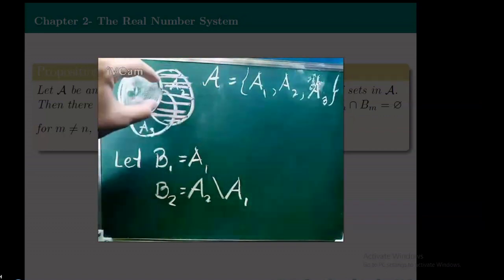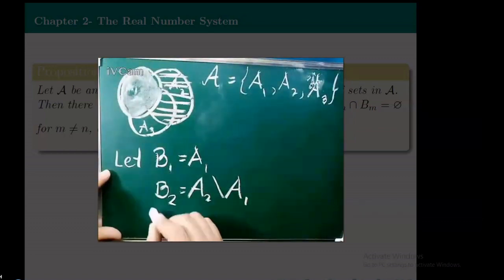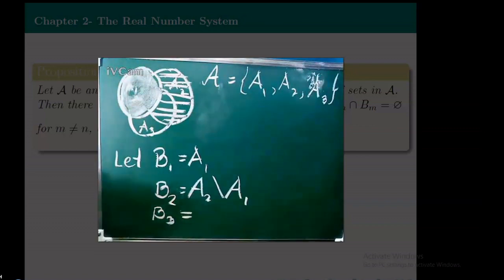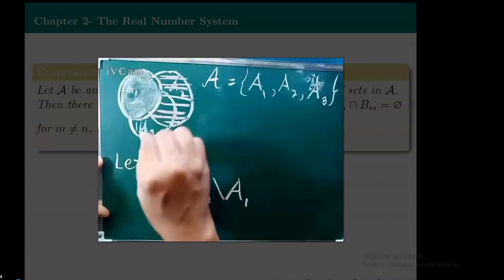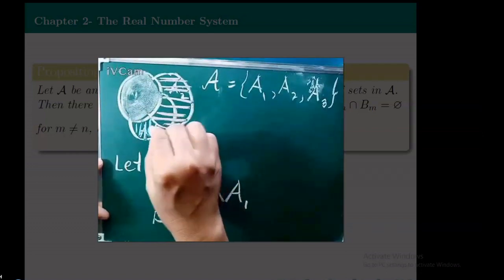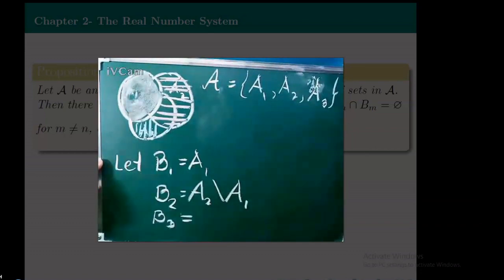So A2 minus A1. And then for our B3, we could have this set remaining, because we need to make sure that they are disjoint sets.